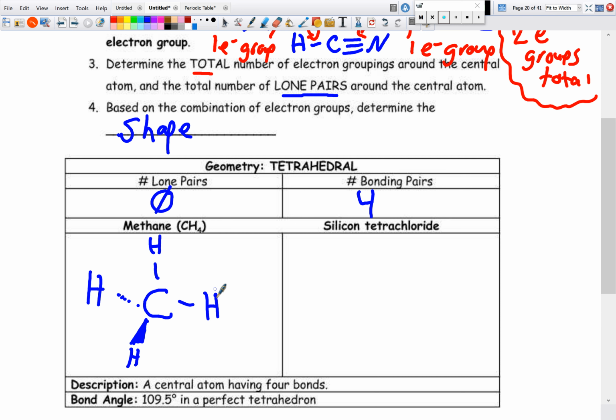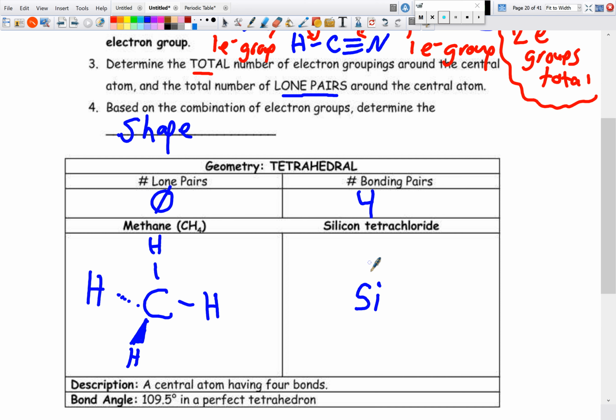Now even our silicon tetrachloride as well. Now if we did this one out, silicon tetrachloride, we have 1 silicon and 4 chlorines. We know silicon has no lone pairs and it's going to have 4 bonding pairs because of the tetrachloride. All right. So how we're going to draw this is the exact same thing. We're only changing out our elements. So instead of carbon as our central, we have silicon.